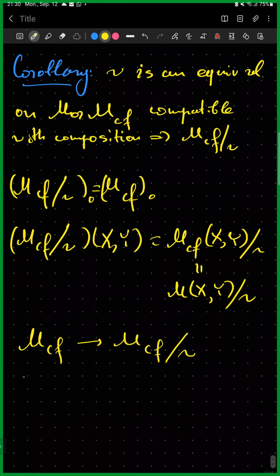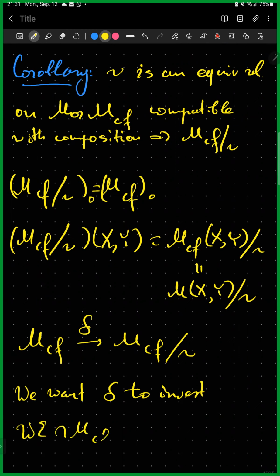So I want delta to invert weak equivalences as well. And as it turns out, it actually does invert weak equivalences.